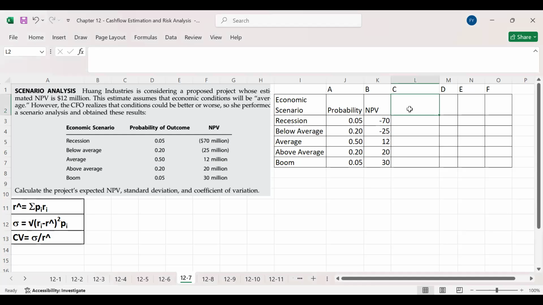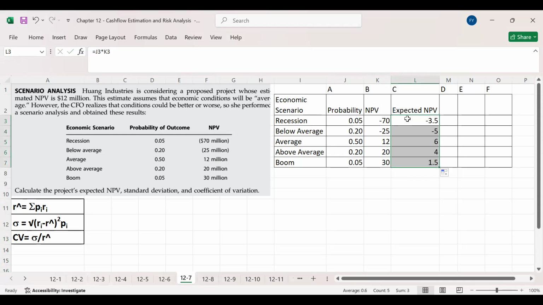Now we are going to calculate expected NPV. The simple way is to multiply the return of each individual scenario, this one, with its expected probability, J3 multiplied by K3.